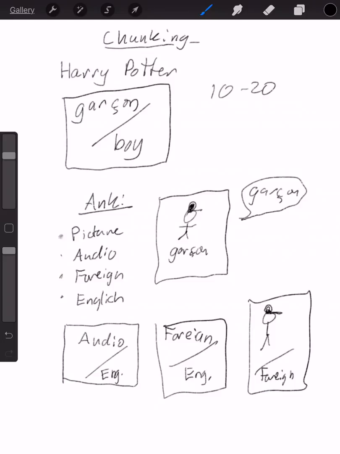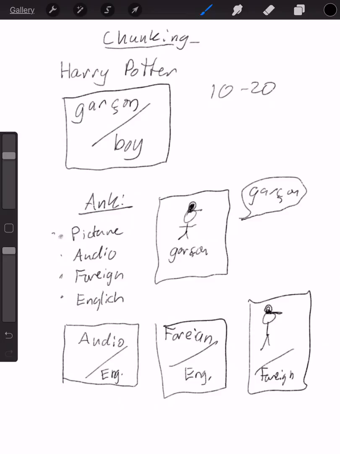And the reason this is much more effective is because you're taking these different memories, or memory units, or memory traces. This picture is a different memory unit. An audio is a different memory unit, and what you're doing is linking these memory units together.